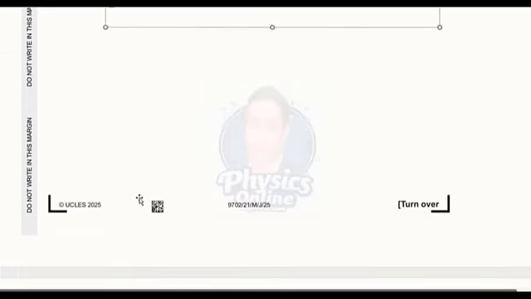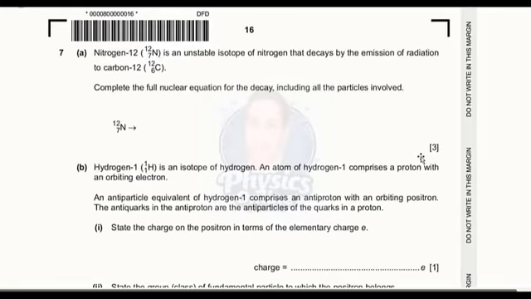Okay, let's move to the next. Nitrogen-12, N-12 with proton number 7, is an unstable isotope of nitrogen that decays by the emission of radiation to carbon-12. Complete the full nuclear equation for the decay, including all particles involved.